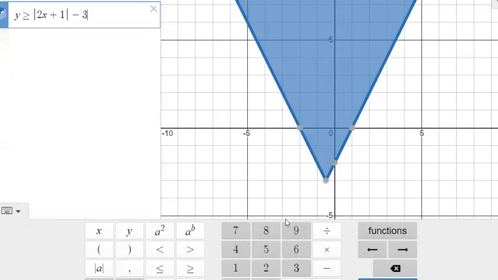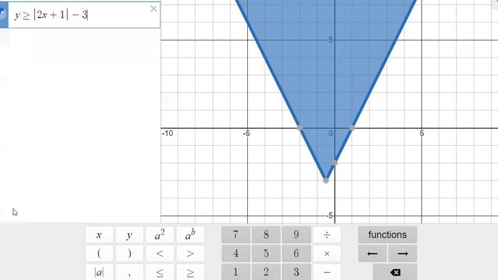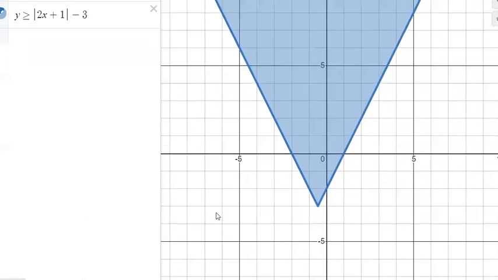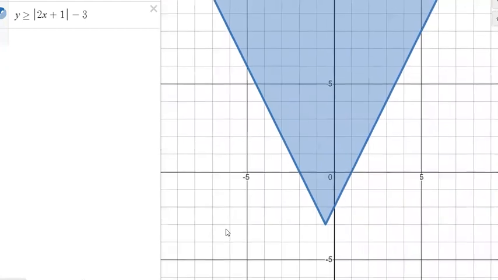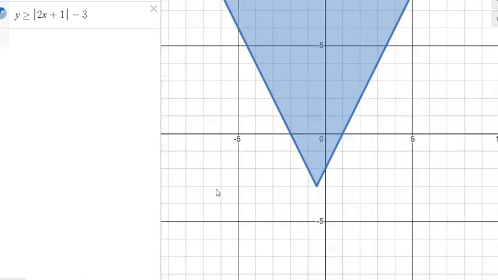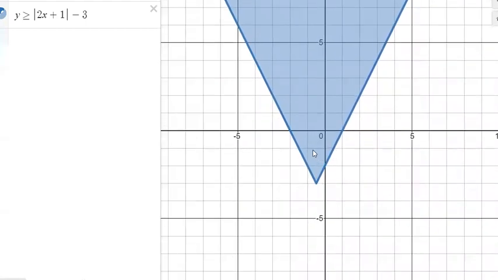And this is what I get. So there are a couple things about this that I'm going to mention. When you graph any absolute value equation, you're going to have a V shape. That's the shape of the absolute value.